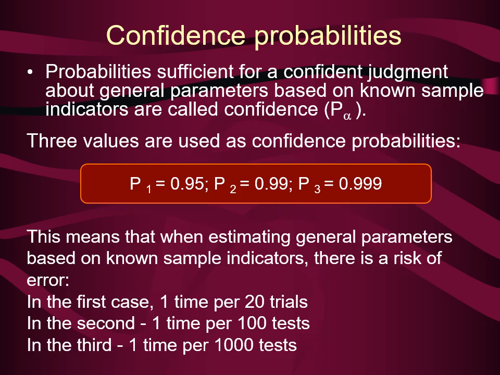Confidence probabilities are probabilities sufficient for a confident judgment about the general parameters. These confidence probabilities are denoted by the letters P large with the alpha index.